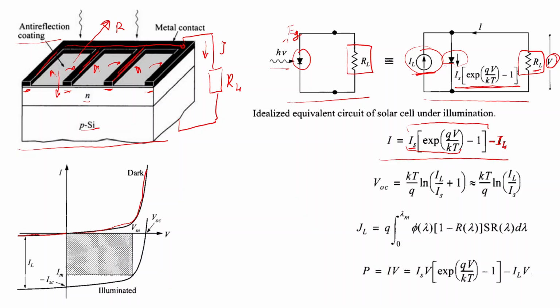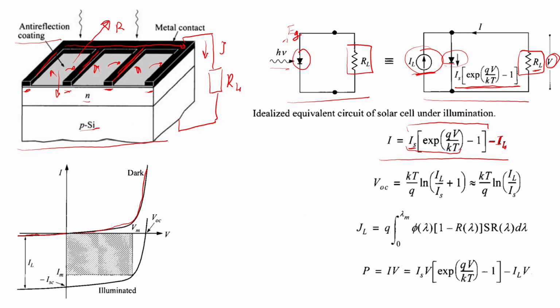If you recall our lecture about the current voltage characteristic of the p-n junction, you will see that explanation.